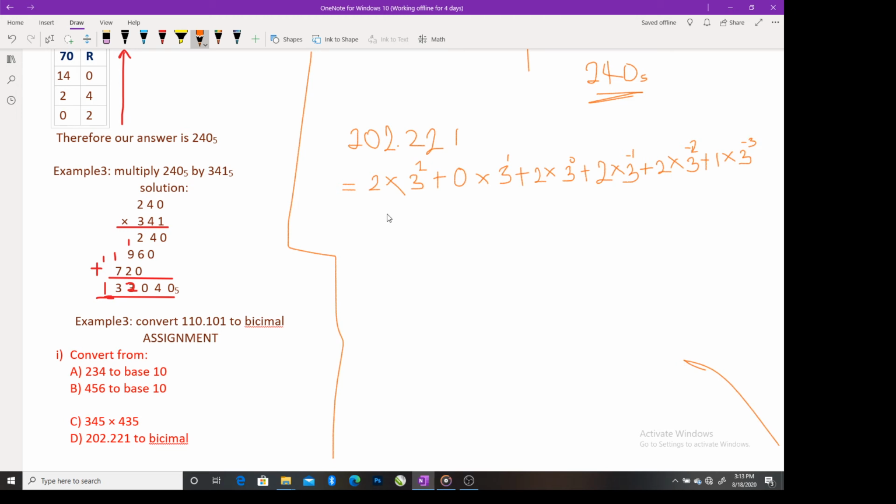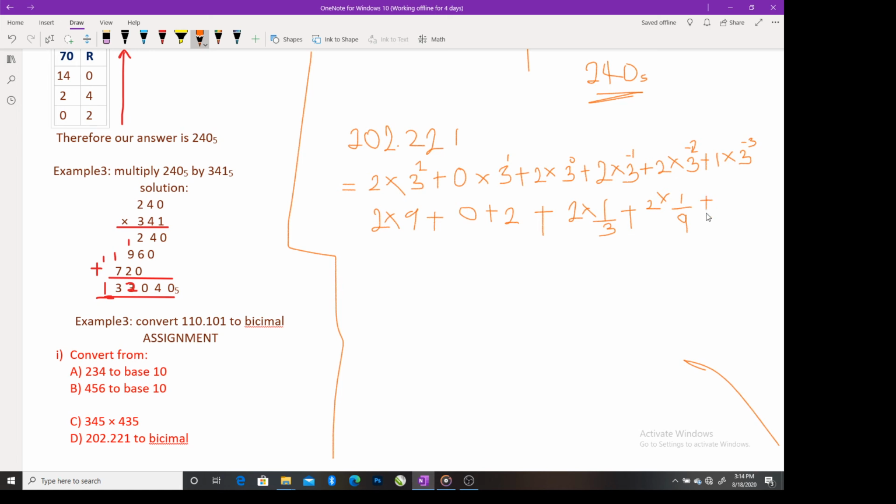So what do you have? When we're having 2 times, that will be 2 times 9, 3 raised to power 2 is 9. Plus 0 times anything is already 0. Then plus 2 times 3 raised to power 0, that is 2 times 1, 2. Then plus 2 times 1 over 3, 3 raised to power minus 1 means 1 over 3, plus 2 times 3 raised to power minus 2, that is 1 over 9.